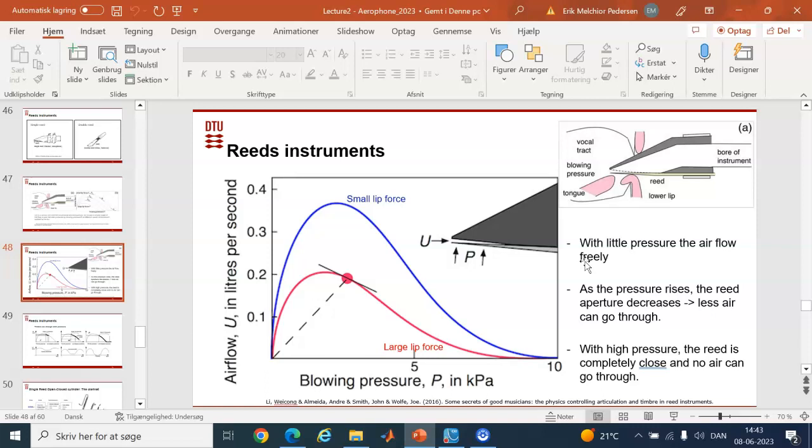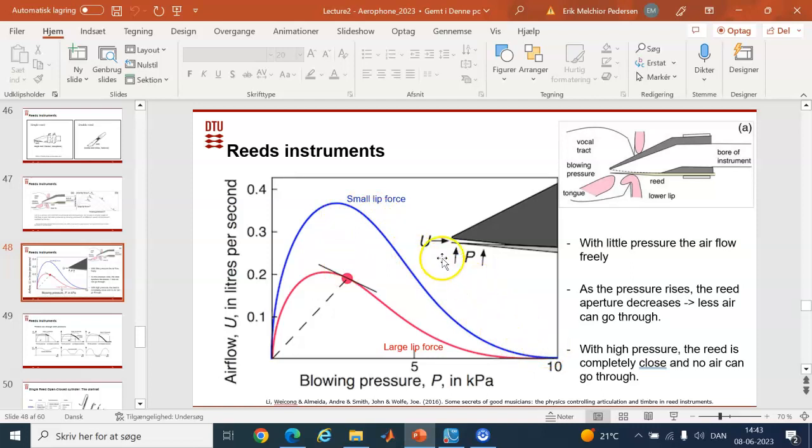Reed instruments. Airflow in liters per second on the y-axis, and on the x-axis blowing pressure P in kilopascal. We have up here the tongue and the blowing pressure and vocal tract and lips and the lip pressure. The bore of the instrument. With little pressure, the air flows freely.